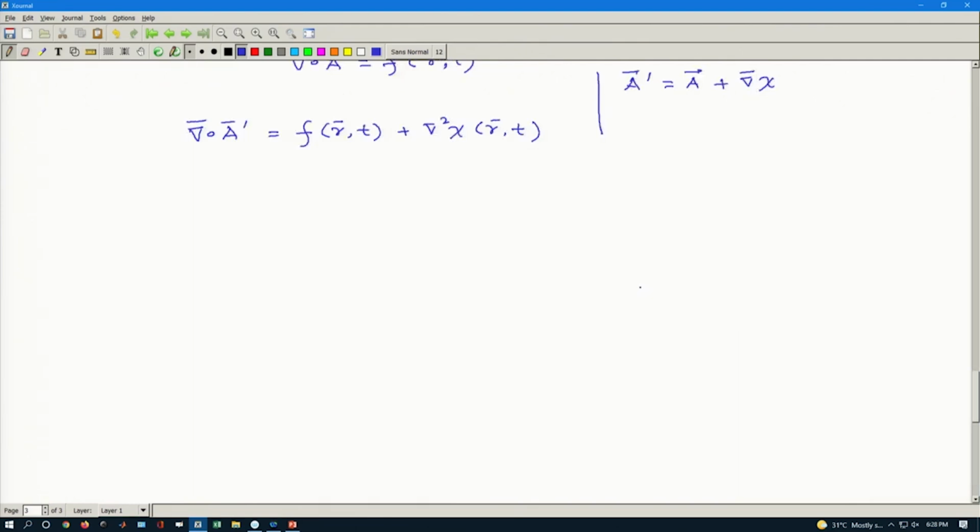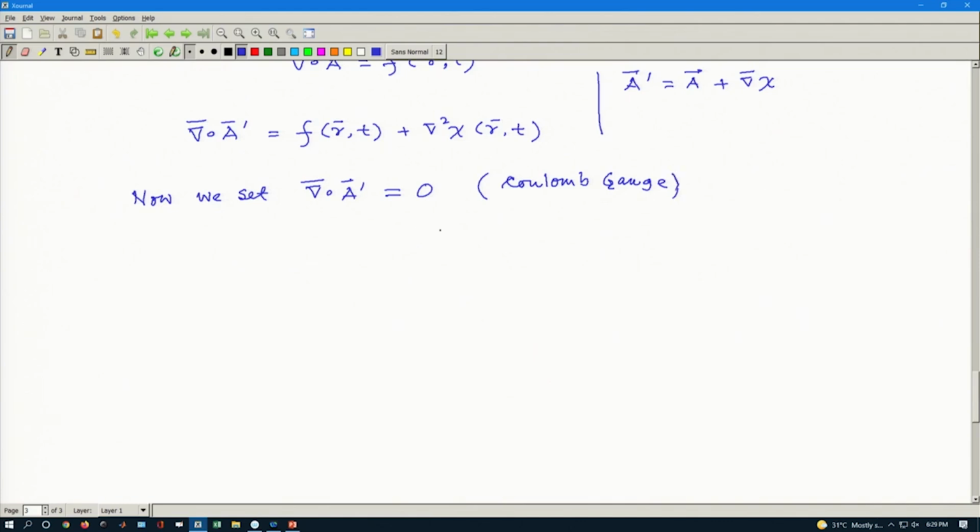So now we demand, we set that this quantity must be 0. That is our Coulomb gauge condition, right. Our Coulomb gauge condition is that the divergence of A has to be 0.